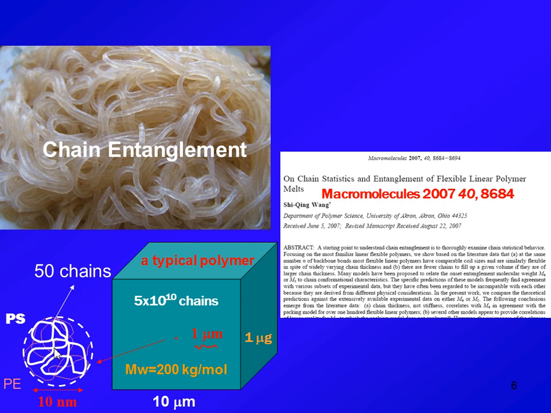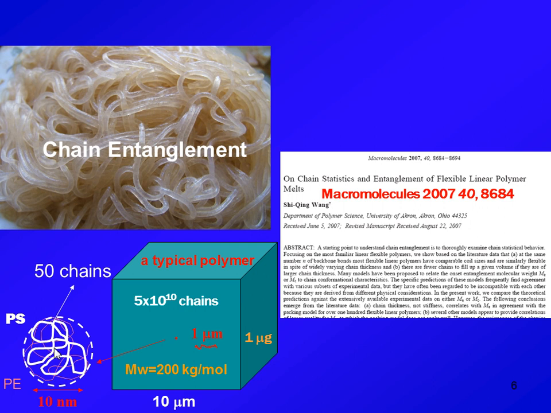This gives rise, in a static sense, to the picture of entanglement. It arises from the fact chains cannot occupy the same space, which is known as excluded volume. And when the chains are sufficiently long, this excluded volume plus chain connectivity results in the fact that the chains are not processable.